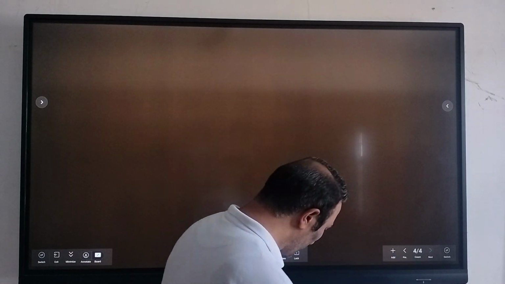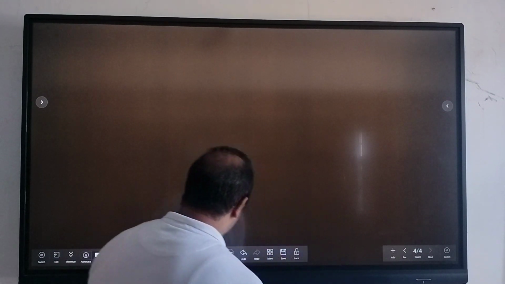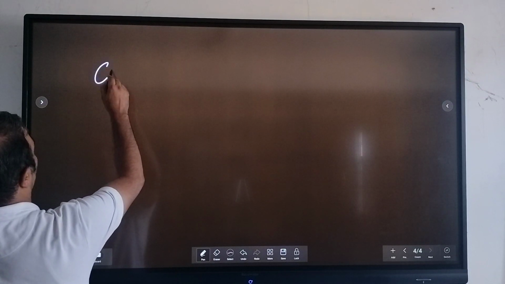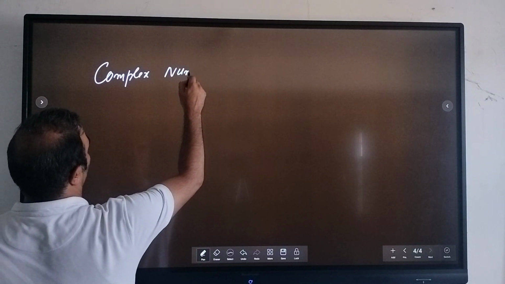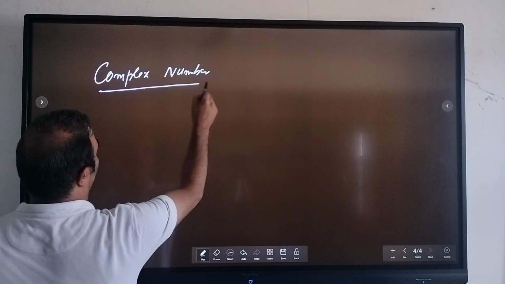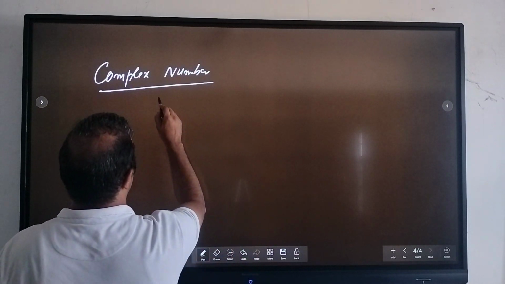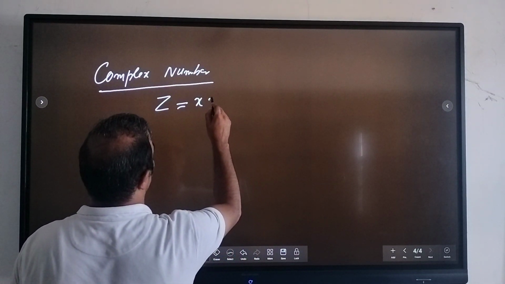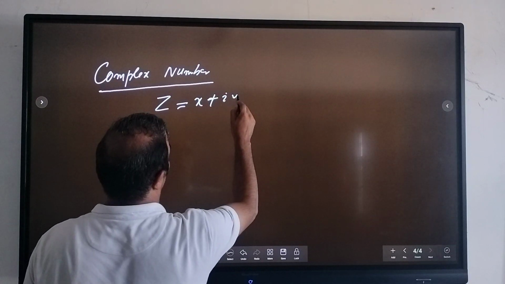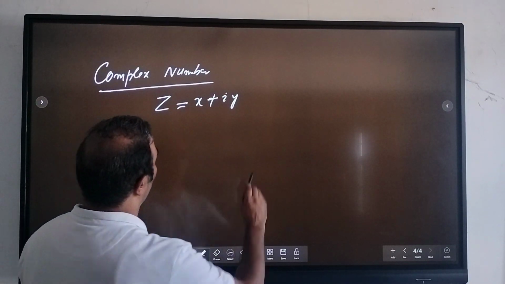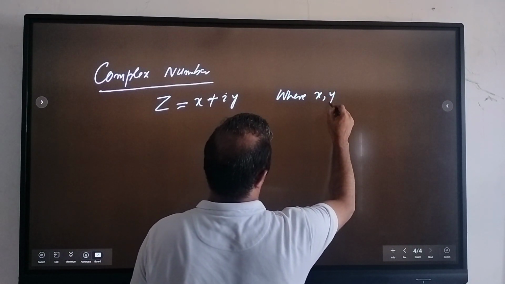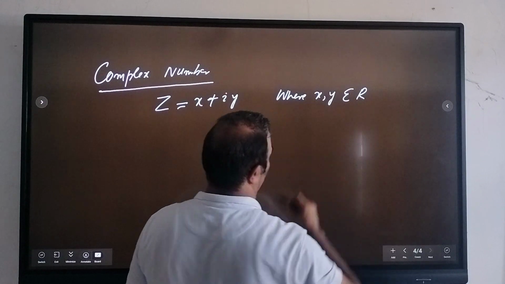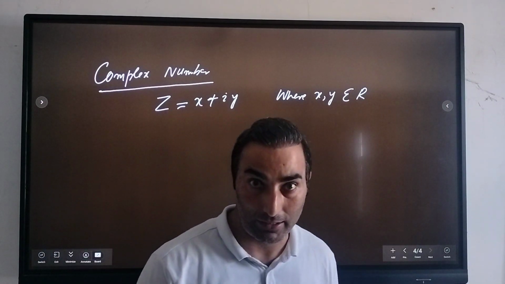Now, if you talk about complex numbers, we are saying that a number is said to be a complex number if it can be written as x plus iota y. Here x and y are real numbers, right?